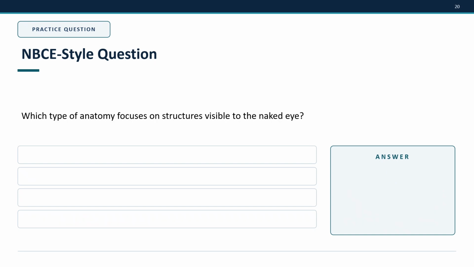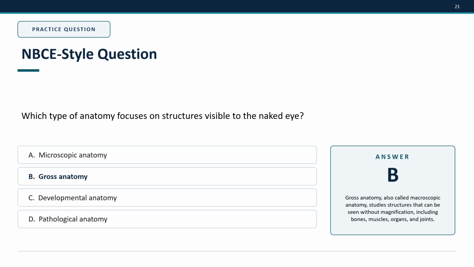And then which type of anatomy focuses on structures visible to the naked eye? Hopefully you got answer B. Gross anatomy, also called macroscopic anatomy, studies structures that can be seen without magnification, including bones, muscles, organs, and joints.